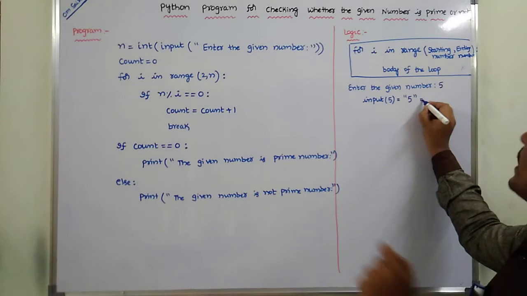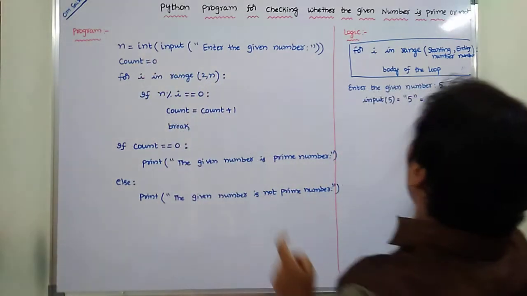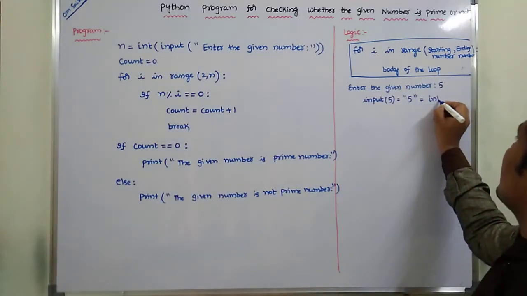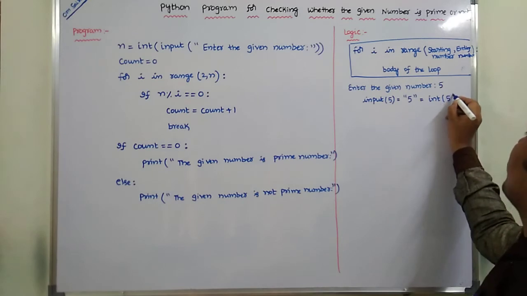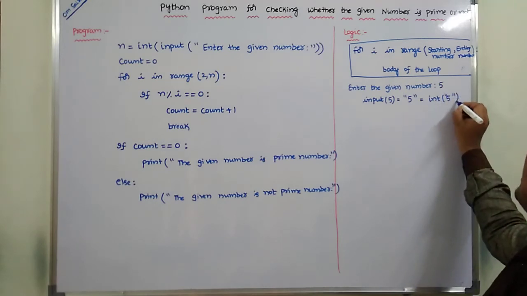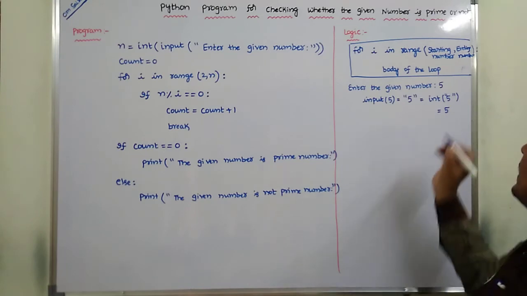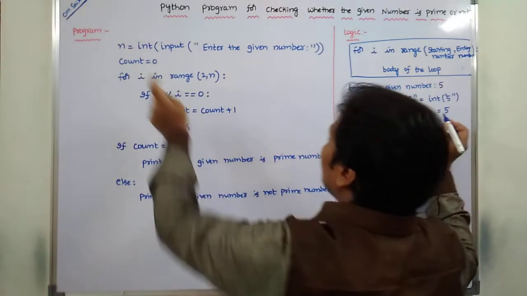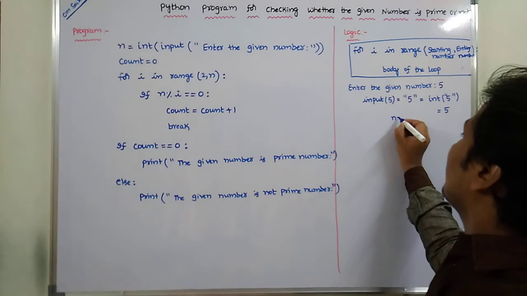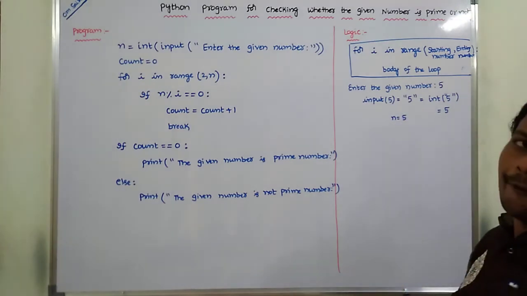This string value is passed to the typecasting int function. Now int of string 5 is written as integer 5. This 5 is assigned to the variable n. Now n is equal to 5.